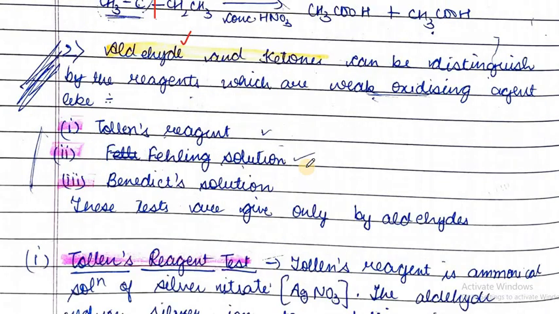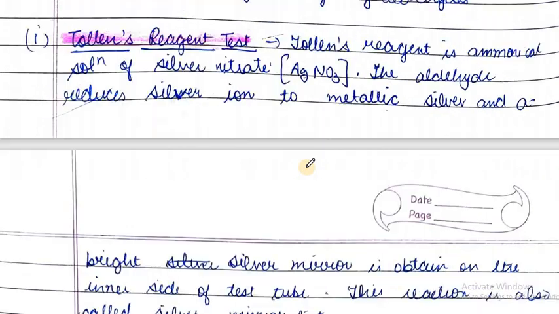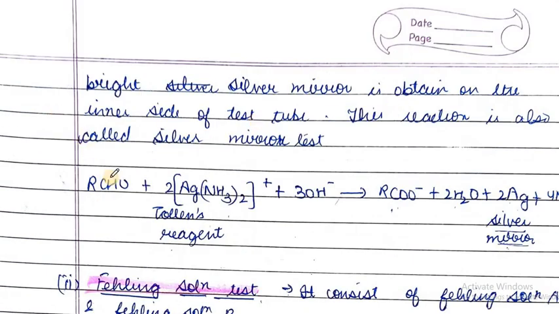So the first test, what is the Tollens reagent test? Tollens reagent is an ammoniacal solution of silver nitrate, that is AgNO3, and the aldehyde reduces the silver ion to metallic silver, that is it gives a silver mirror, as we can see in this equation.